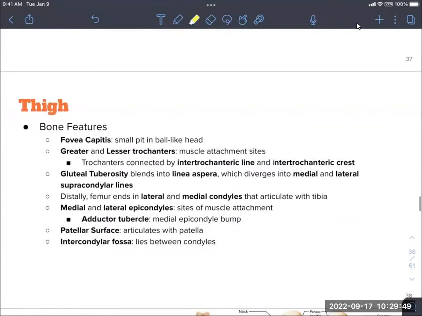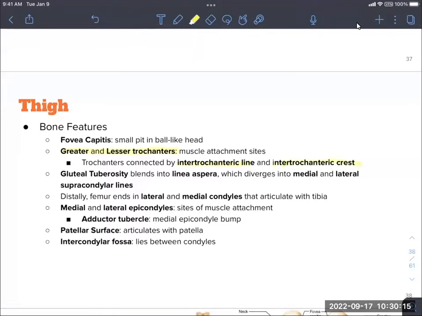So this femur here, I'm just going to go through the main features. I'm not going to go through everything that's on there because there's a lot of different things on this femur. So we have the greater and lesser trochanters. Of course, we have a head, we have a neck. They have an intertrochanteric line and an intertrochanteric crest.